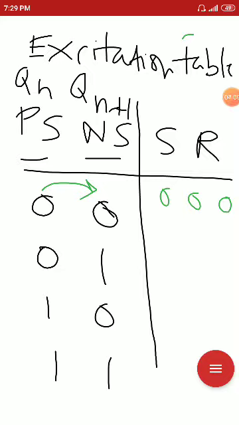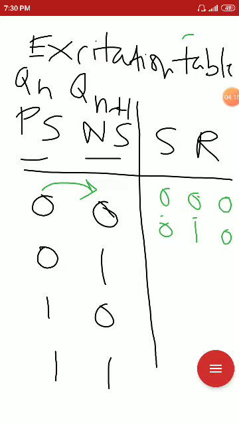Another possibility is S equal to 0 and R equal to 1. In that case also the output will be 0.